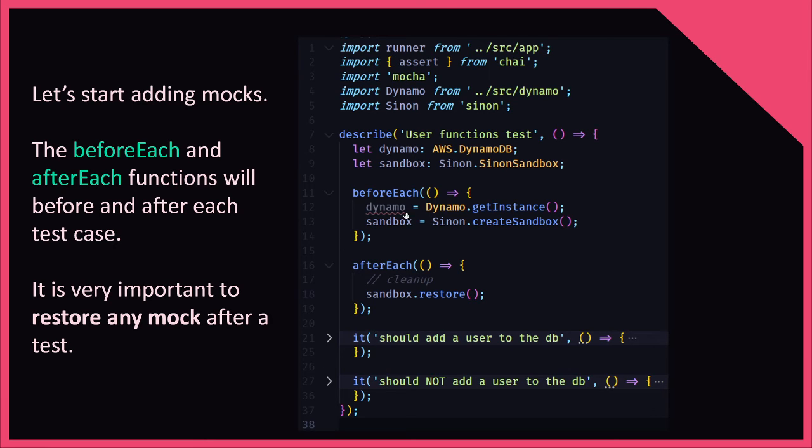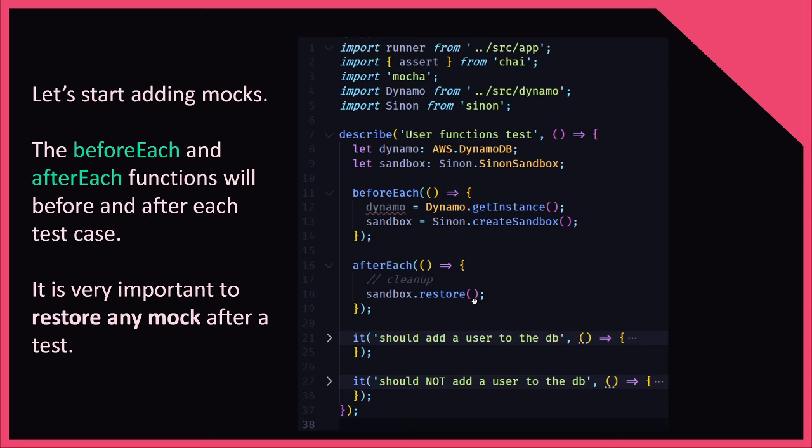And I am saying that I want to get the Dynamo variable instantiated because I'm going to mock one of its functions. And this is a sinon lingo where I'm creating a sandbox, and I'm going to use this variable to create mocks or stubs in this case. And when I'm finished with it, I can restore anything that I faked.